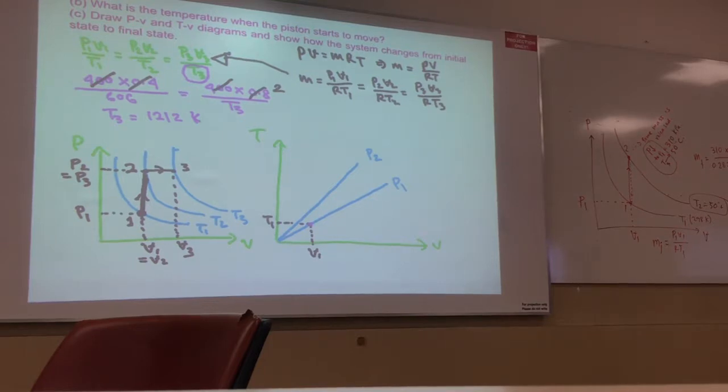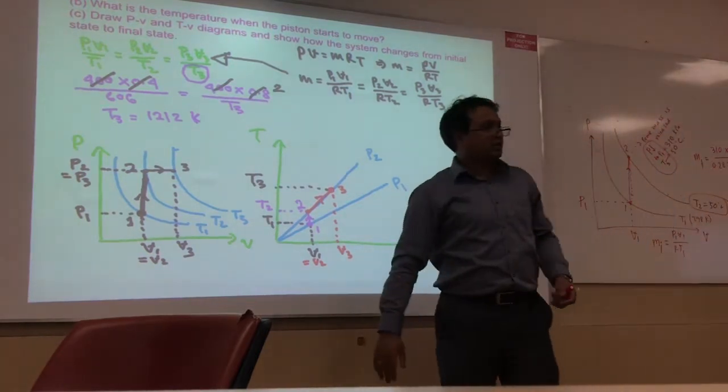That's why it goes from 1 to 2. This is 2. Here you can get T2. And 2 to 3 it follows a constant pressure process up to here. This is 3. This is V3. So V1 and V2 are the same. Then from there you can calculate P3. Understand? Yes. Very simple.